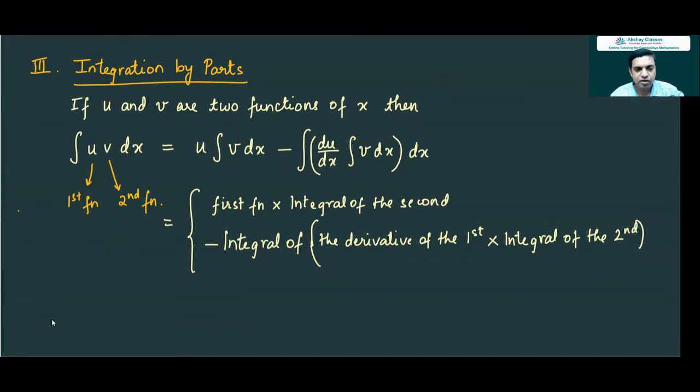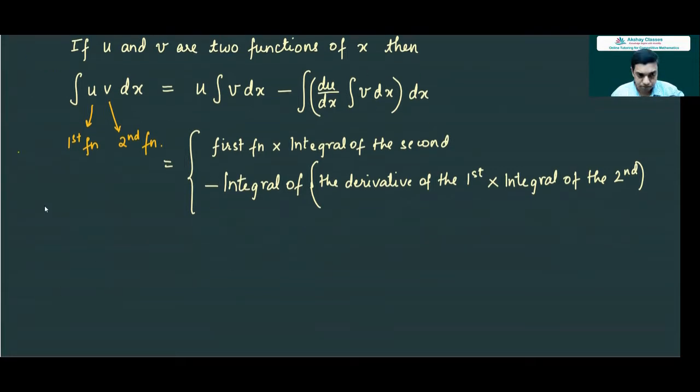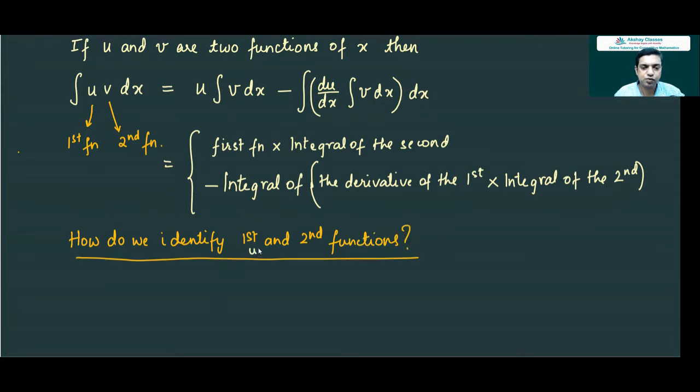Now, if there is a product, how do we identify first and second functions? First function is u, second function is v.